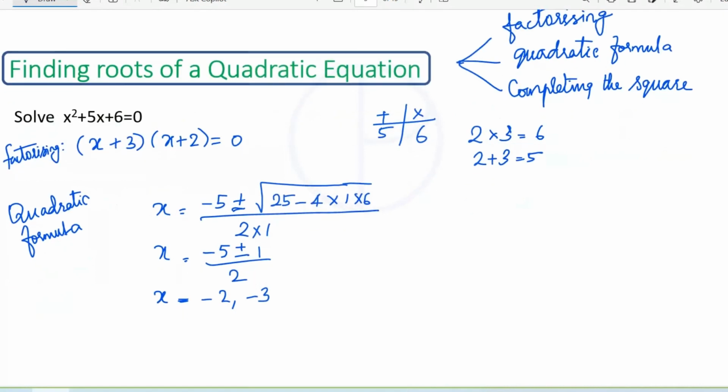Here also we can write x plus 3 equal to 0 or x plus 2 equal to 0. On simplifying that, you will get x equal to negative 3 and x equal to negative 2.